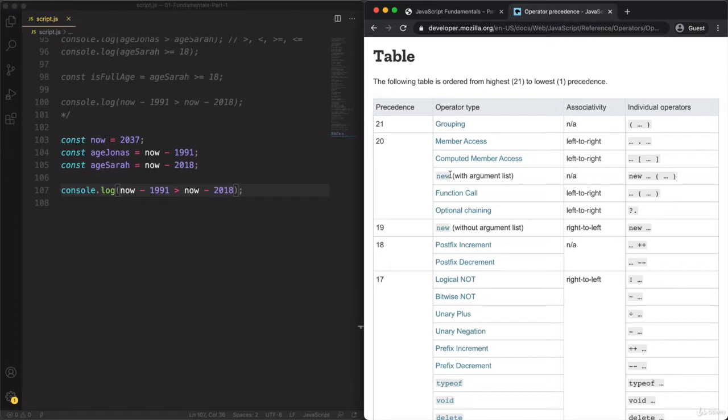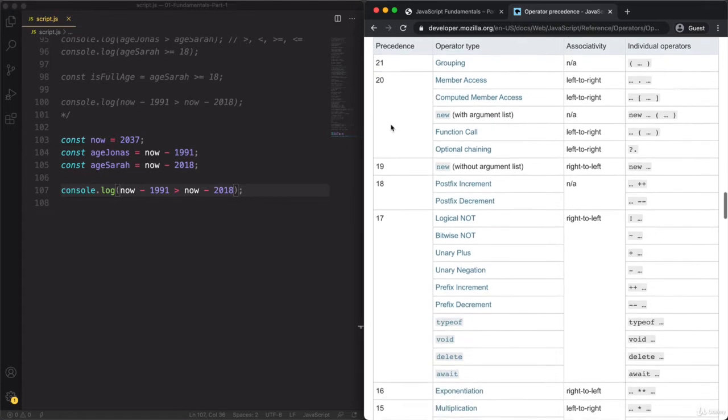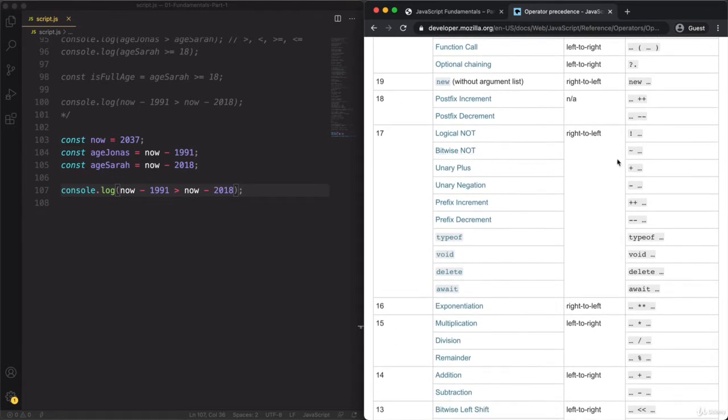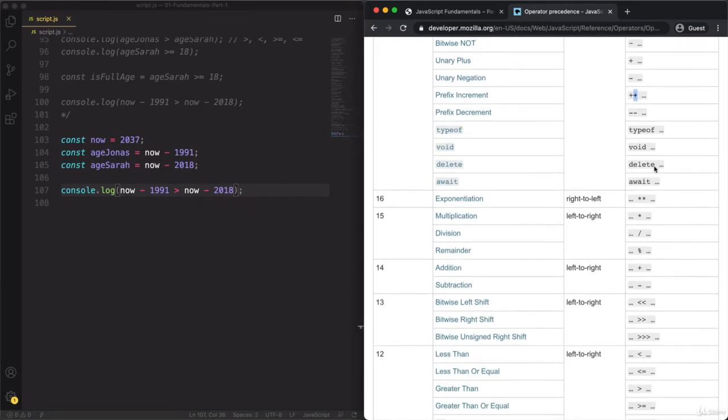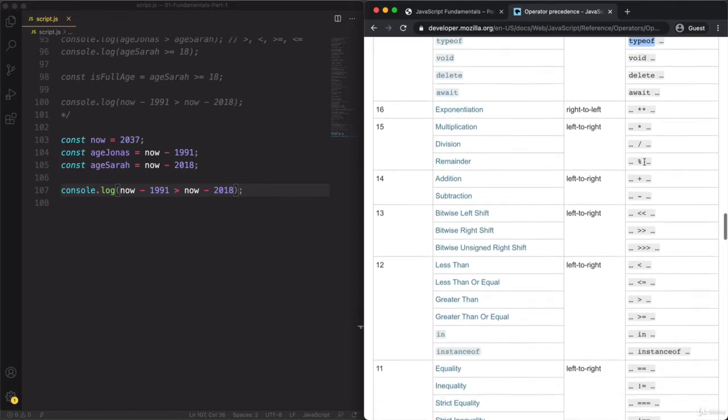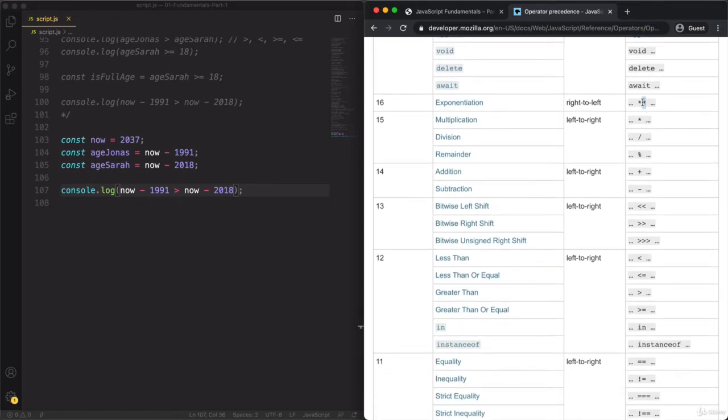So here we can see that grouping using parentheses has the highest precedence of 21. And then we have all the operators that we already saw. So here plus, minus, plus, plus. So they have a precedence of 17. Then we have a bunch of other stuff here that we don't know yet. But here is also typeof that we already do know. We have the exponentiation operator that I showed you.